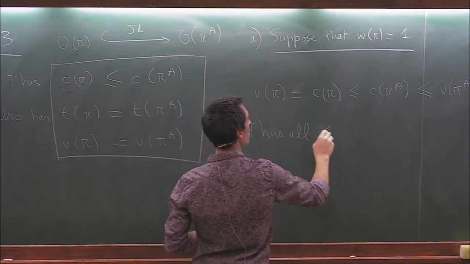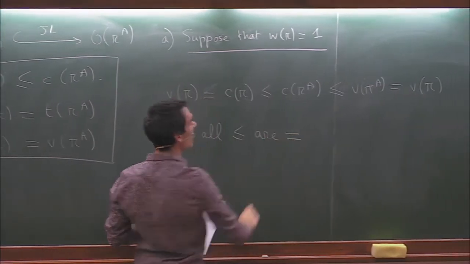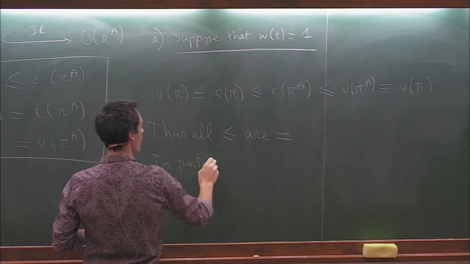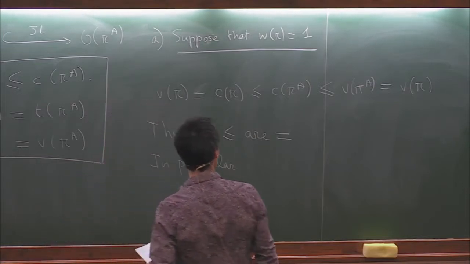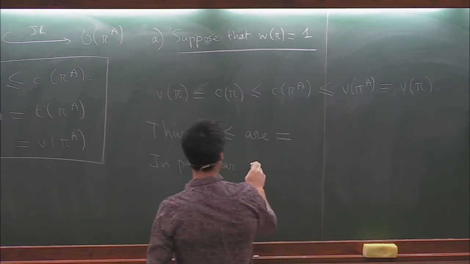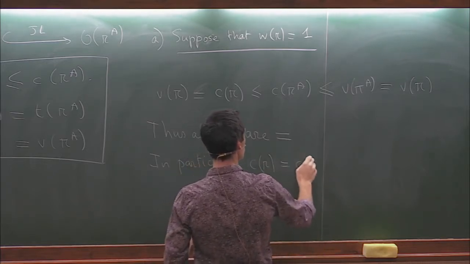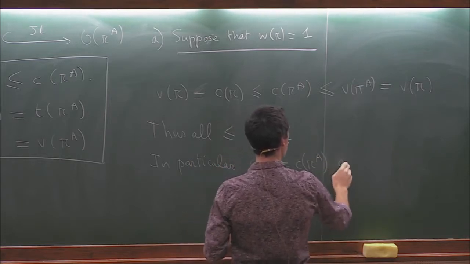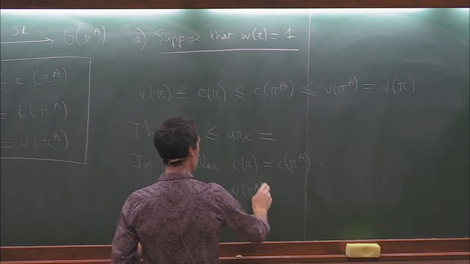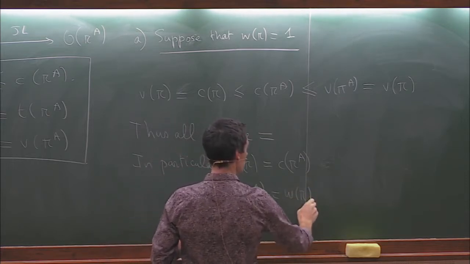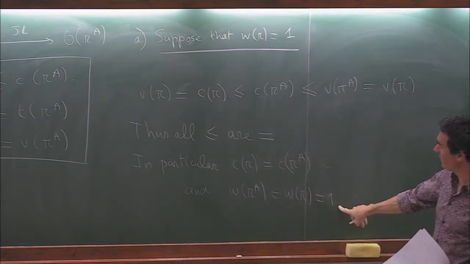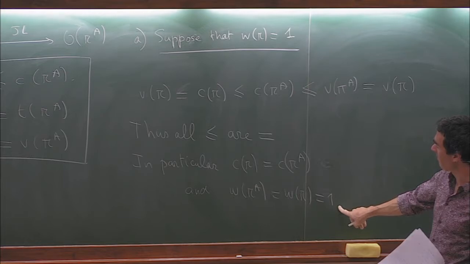So all the inequalities are equalities. In particular, we get C of pi equals C of pi A, and W of pi A equals W of pi equals 1. Why do we have this latter equality?